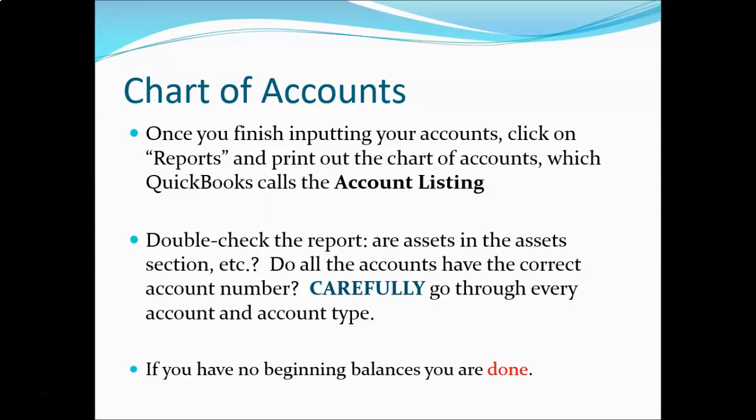Okay, you want to click on Reports and print out the chart of accounts, which in QuickBooks is called the account listing. You want to double check the report. Are the assets in the assets section, etc.? Do all the accounts have correct account numbers? Carefully go through each account and account type and make sure you have them correct.